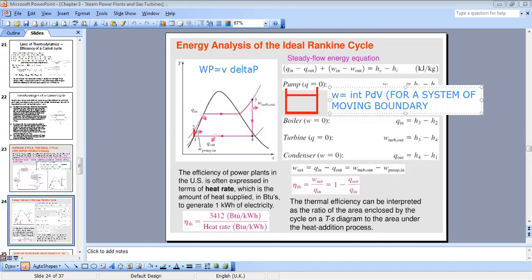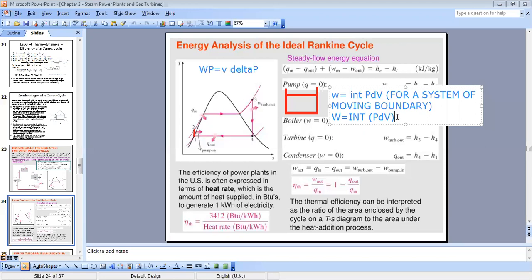Okay, now for a system like this one, where a fluid is circulating between several components, W is given by another expression. It's integral P dV. Okay, so in this case, this is the case of the pump here.